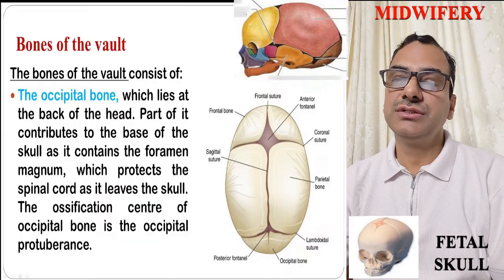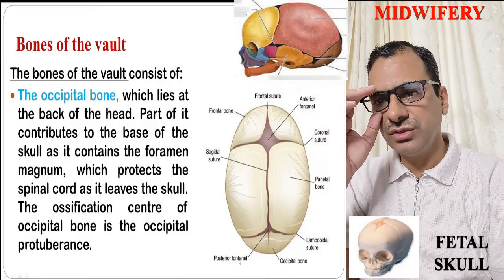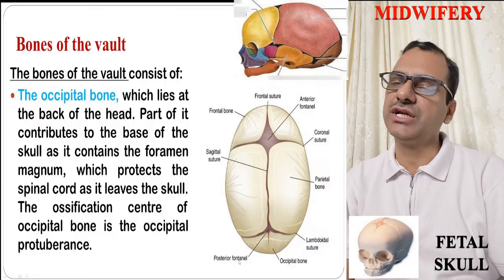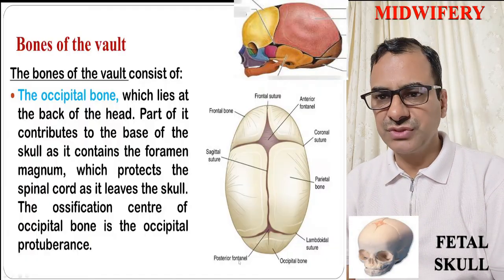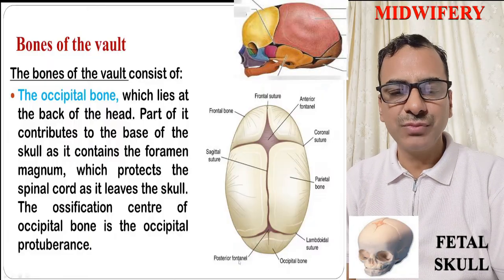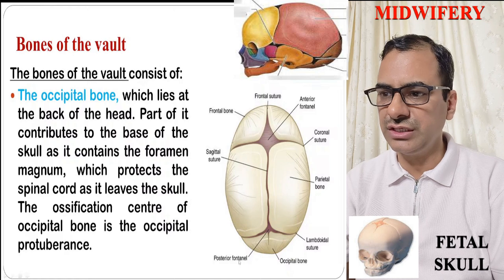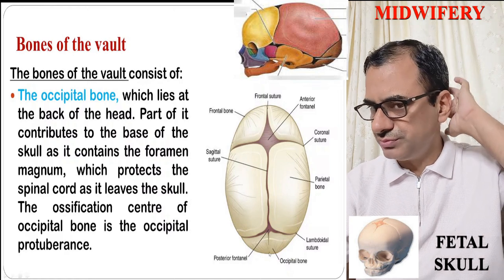The part which forms the base contains a hole known as foramen magnum, which protects the spinal cord as it comes out of the skull. The ossification center of occipital bone is the occipital protuberance. It will be posterior here. You can feel it also.